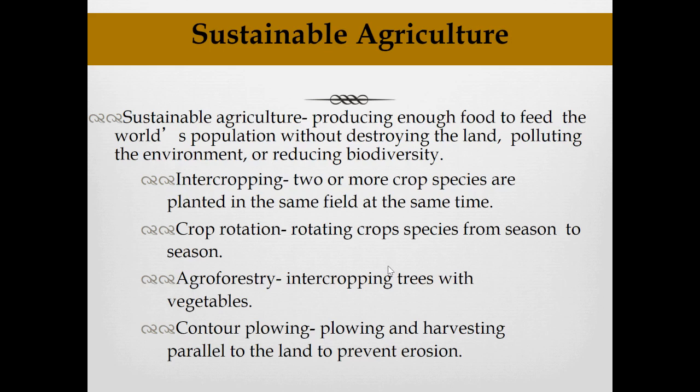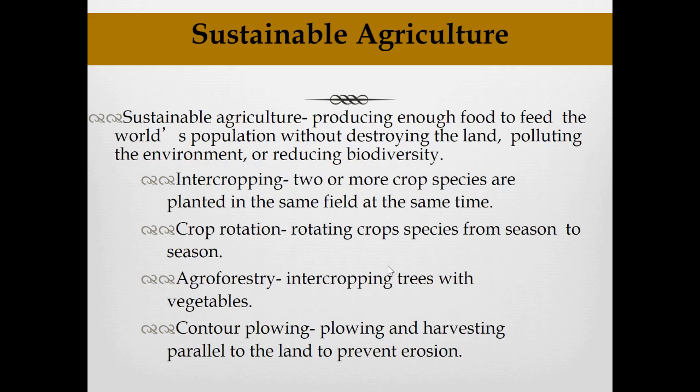That's two or more crop species planted in the same field as the crop that you are harvesting at the same time. You can implement crop rotation, so that's rotating crop species from season to season and rotating the soil over. You can implement agroforestry, so that's planting trees within the vegetables that you're going to be harvesting to help stabilize the soil structure. Or even contour plowing, so that's plowing and harvesting parallel to the land in order to help prevent erosion.